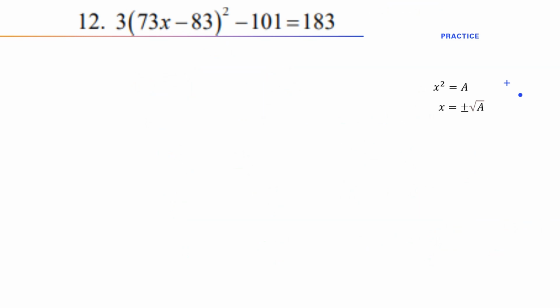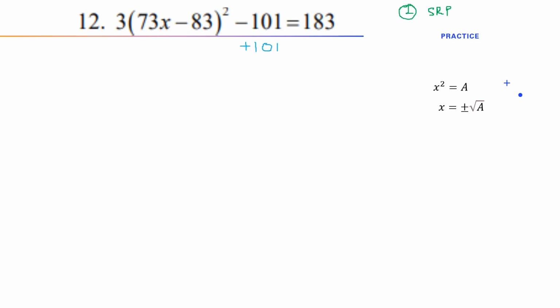Whew, this one is more complicated, but just check for the square root property. Well, add 101 to both sides.